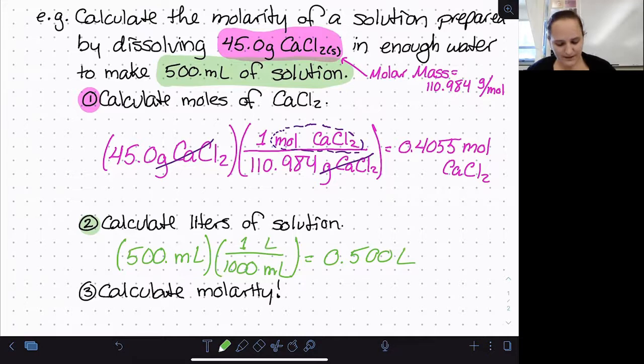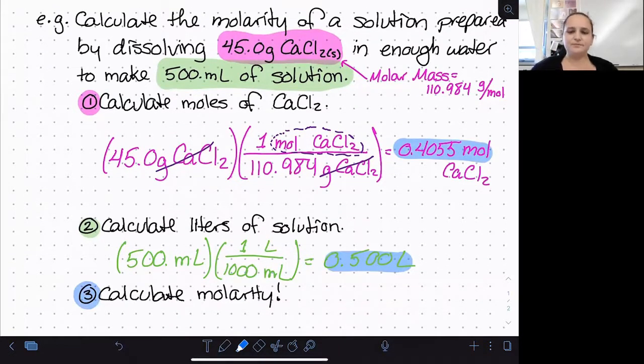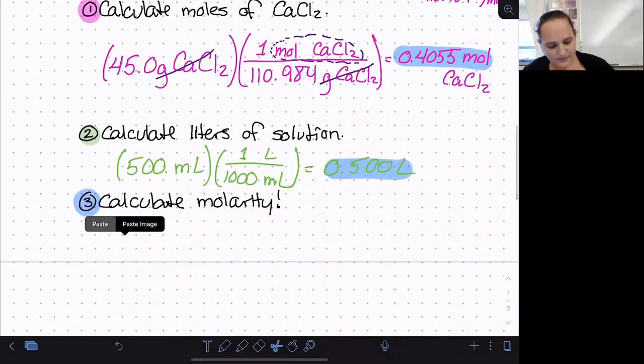Then last but not least, we can take these two results we just got here, and here, and combine those in our final answer. So our definition of molarity was moles divided by liters.